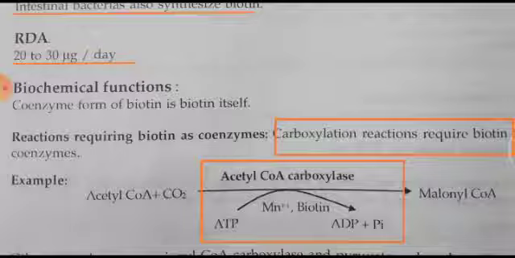In this example, acetyl CoA plus CO2, the carbon dioxide is going to get condensed with acetyl CoA to form malonyl CoA. This reaction is performed by acetyl CoA carboxylase, and in this you can see biotin is involved along with the ATP energy molecule.